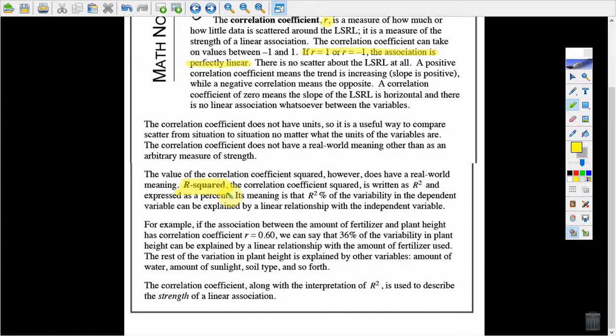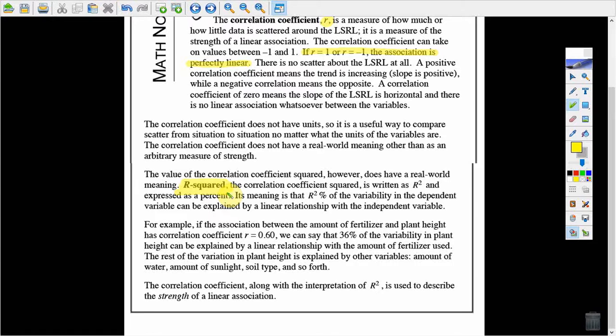The R squared value, which is the correlation coefficient squared, is written as R squared and expressed as a percent. It has the meaning that the R squared percent of the variability of the dependent variable can be explained by a linear relationship with the independent variable. That is a weird sentence. I'll tell you what it means a little more when I can give you an example.